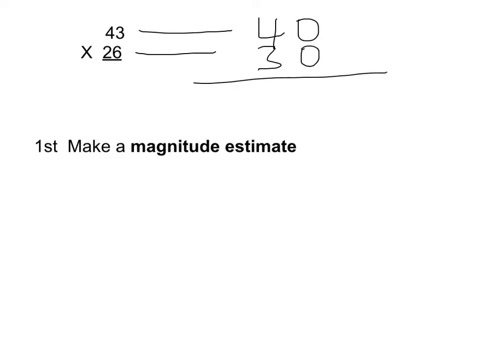Now, when we look at this, 40 times 30, let's solve the basic fact. 3 times 4 is 12. How many zeros are in the factors? There's 1, 2. And so our magnitude estimate for this problem is 1,200.